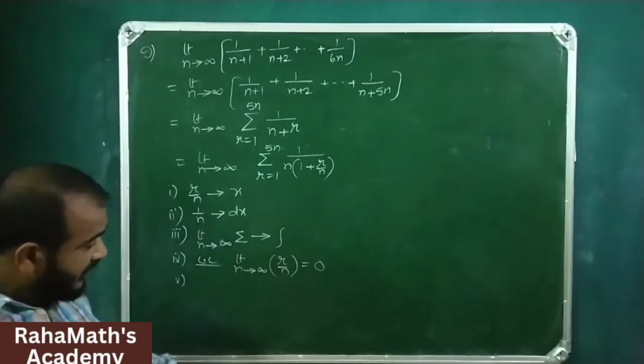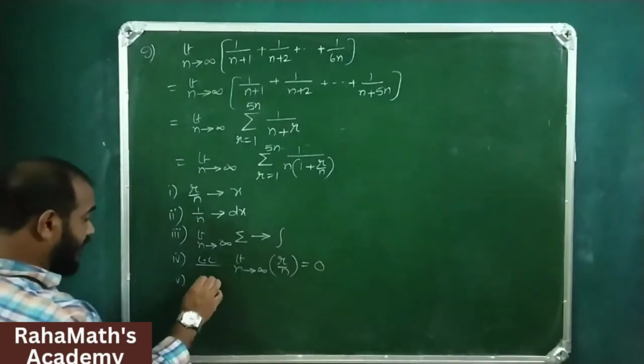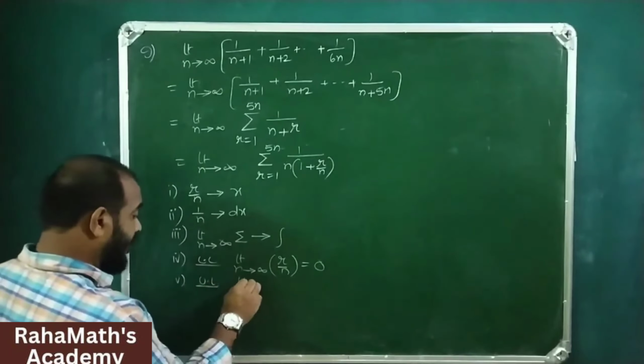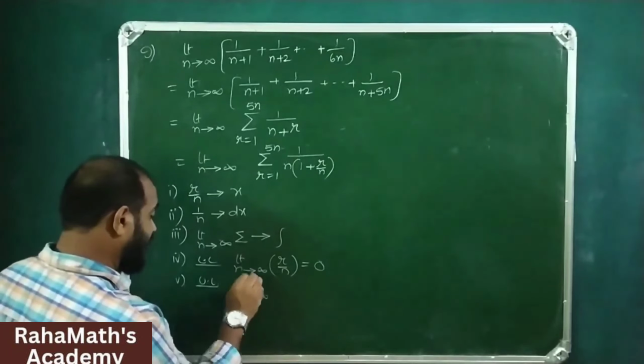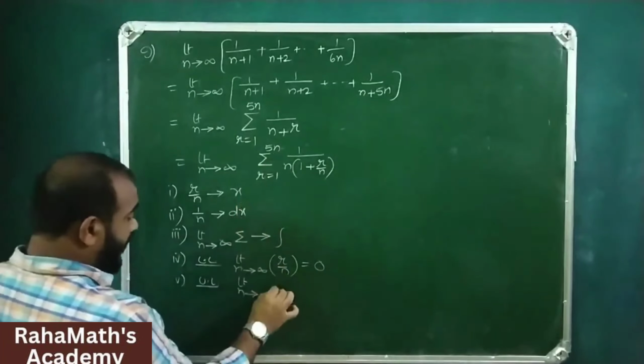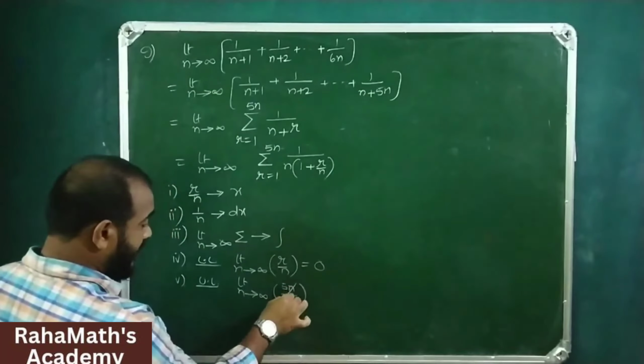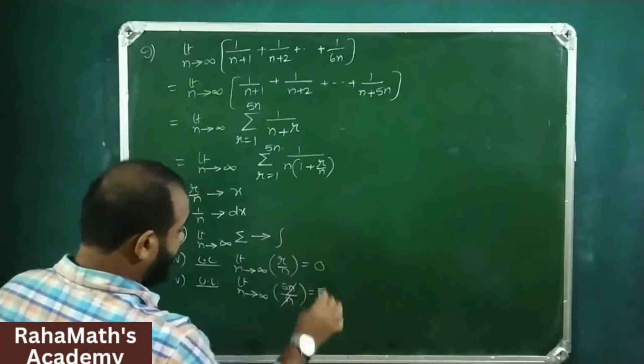And in most of the cases, actually the lower limit will be 0 only. And the upper limit is limit n tends to infinity r by n. So r now is 5n by n. So n gets cancelled. So 5.